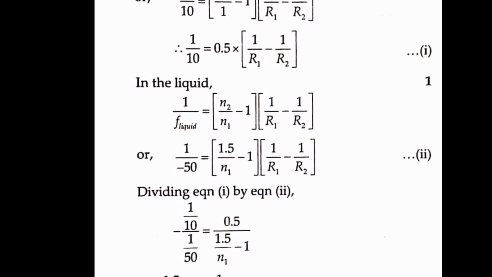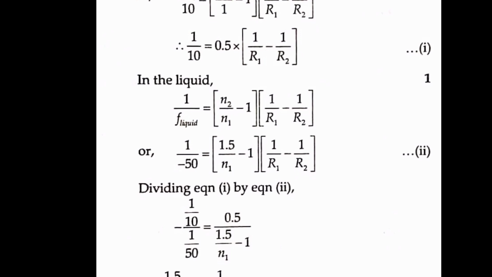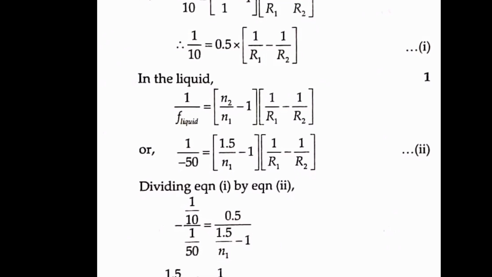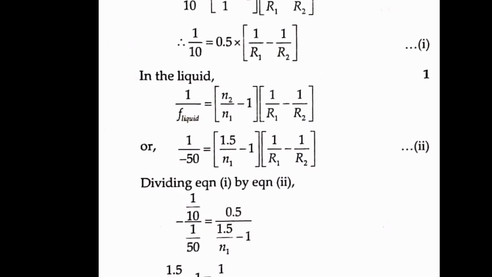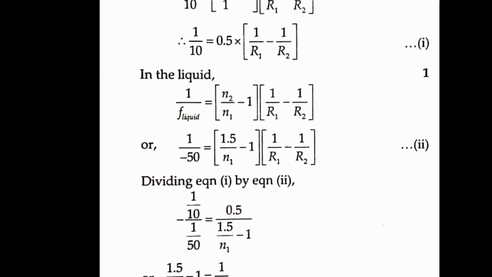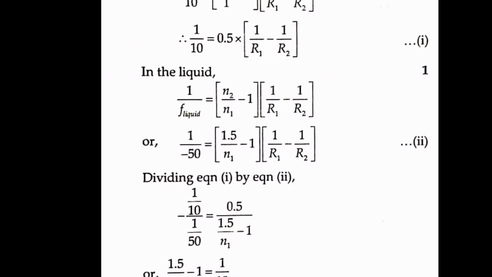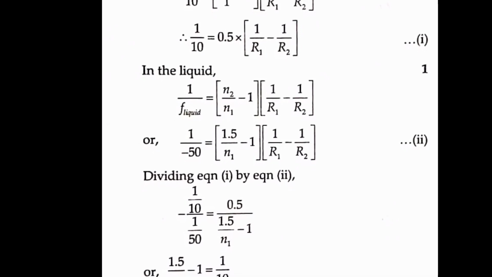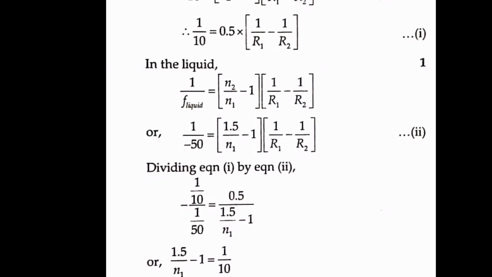The remaining term, 1 by R1 minus 1 by R2, gets cancelled. Then 1.5 by N1 minus 1 is equal to 1 by 10. Rearranging to get N1, we get N1 equal to 1.36. So that is the refractive index of the liquid medium.